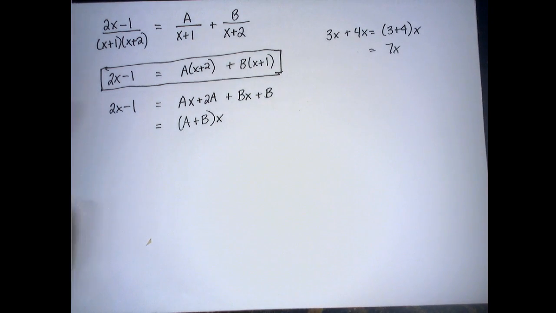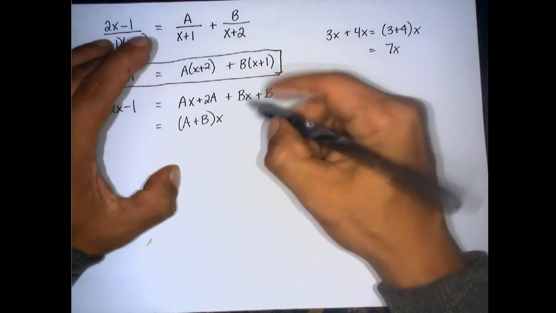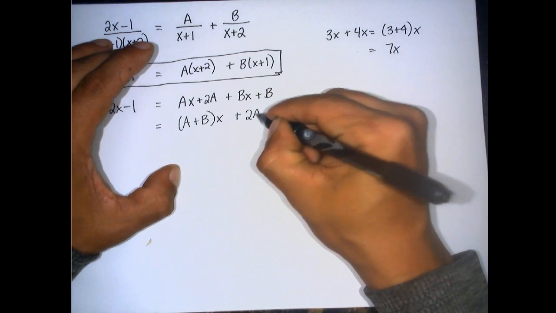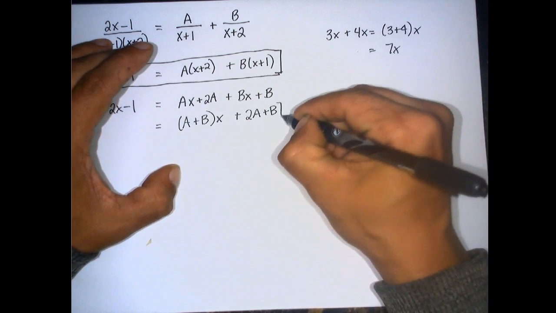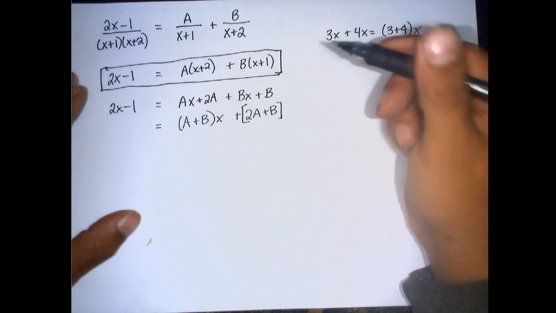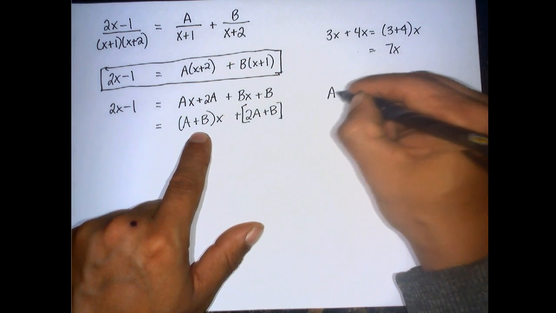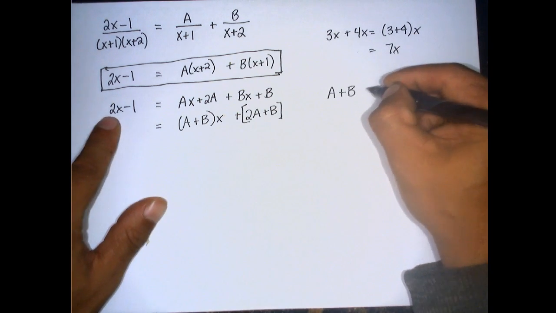A lot of people have problems visualizing that in my experience as a tutor and teacher. And then what's left is plus 2a plus b. So this is like, if this expression here is in front of the constant. So that means for these to match, we have a system of equations. a plus b is equal to 2.